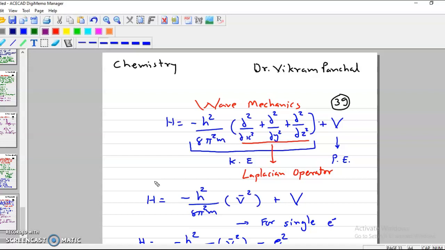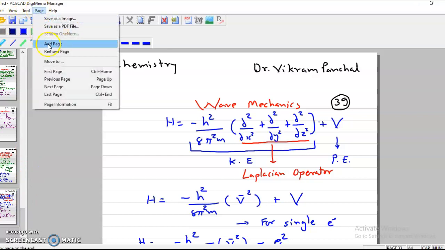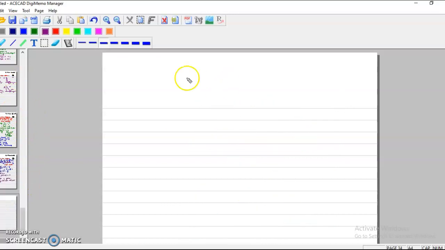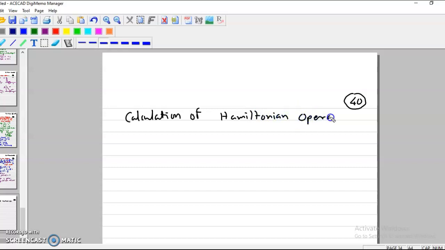Okay, similarly we can use it for different elements also. We can apply this Laplacian operator for different elements. Okay, so here this is page number 40. And I will explain the calculations of Hamiltonian operator for hydrogen atom.